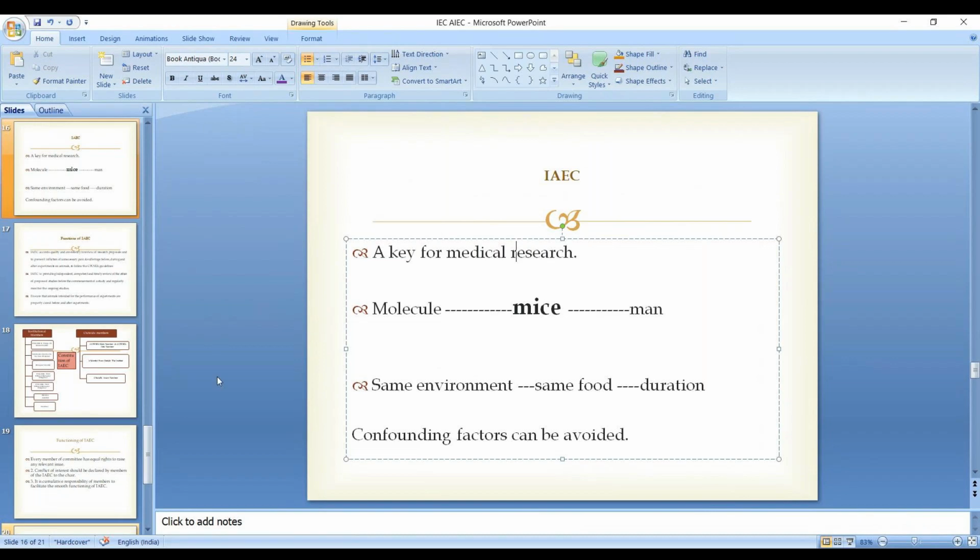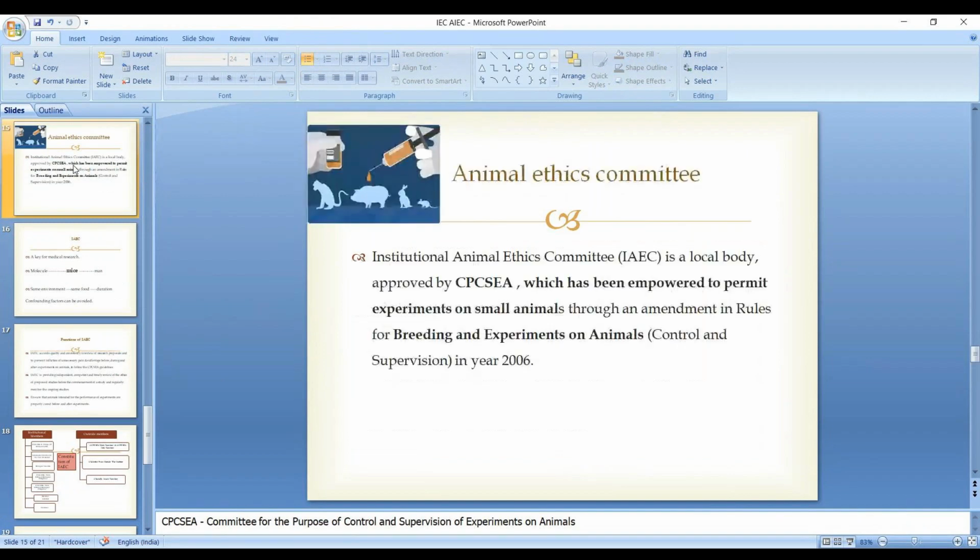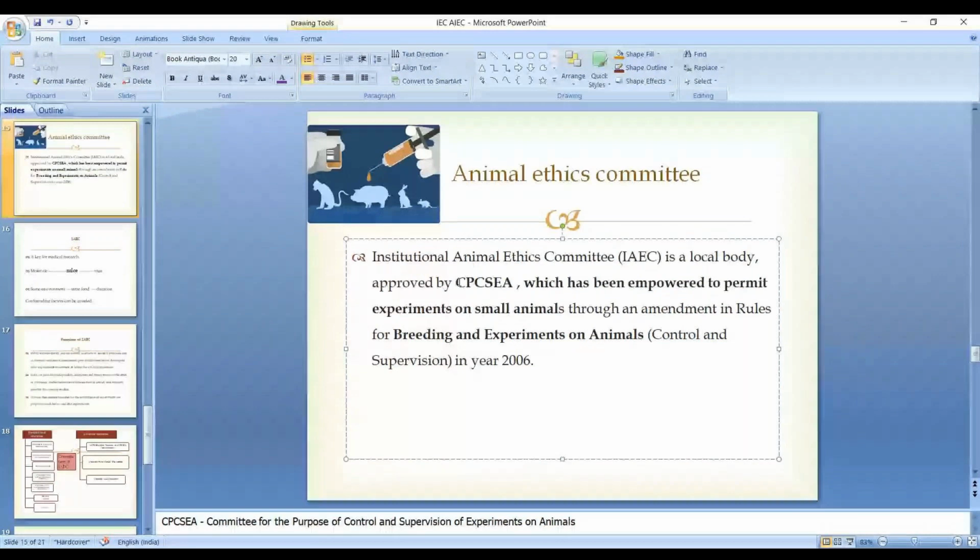Now, if we see how the animal ethics committee is defined: a local body approved by the CPCSEA. It is a committee for the purpose of control and supervision of experiments on animals, which has been empowered to permit experiments on animals.